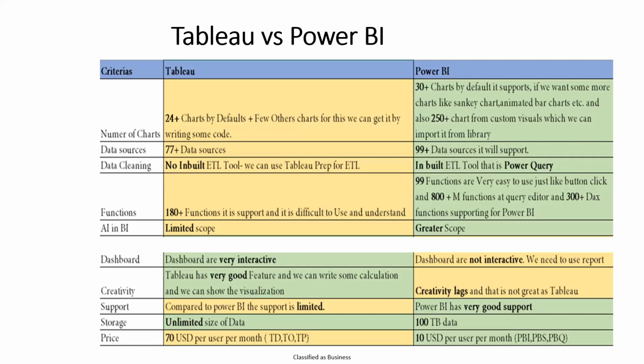The first column covers how many charts it accommodates, the data sources supported, data cleansing, functionalities and functions, AI in BI, artificial intelligence and business intelligence, and dashboard development. So the first column stands completely for business criteria. By taking these business criteria as reference, we can suggest to organizations which tool is better.